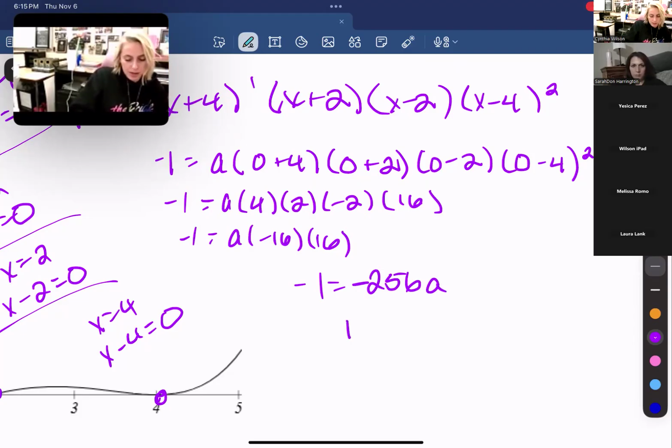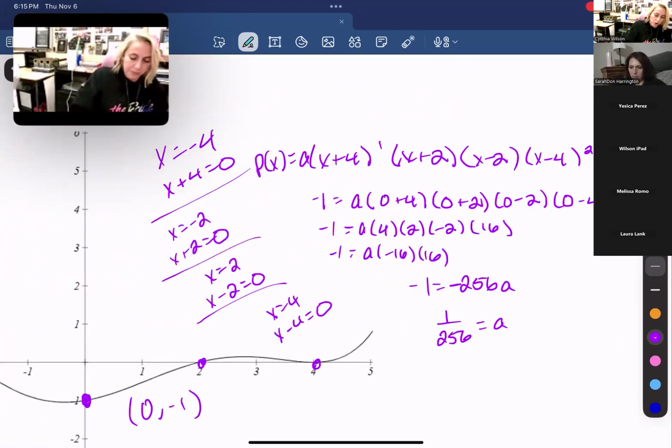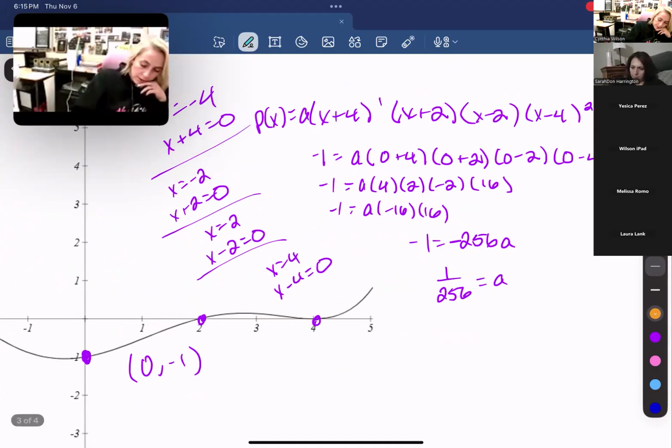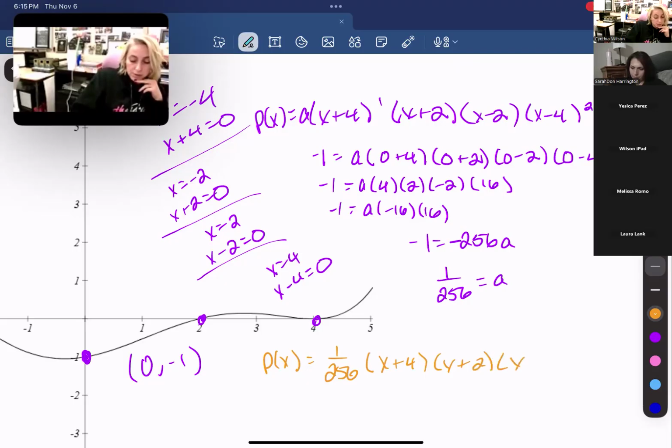So it's gonna make it positive 1 over 256. So your final equation, p of x equals 1 over 256 times x plus 4 times x plus 2 times x minus 2, x minus 4 squared.